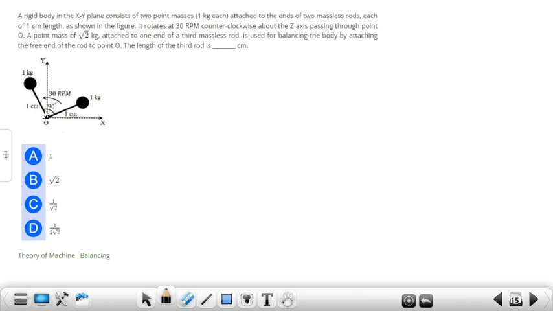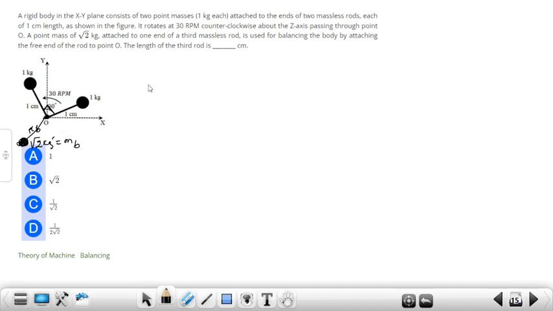So the rods are at 90 degrees to each other, and we have to attach one point mass for balancing purposes. Its weight is root 2 kg, and we have to find its distance. This balancing mass is named MB, and the distance at which it is placed from the point O is RB.